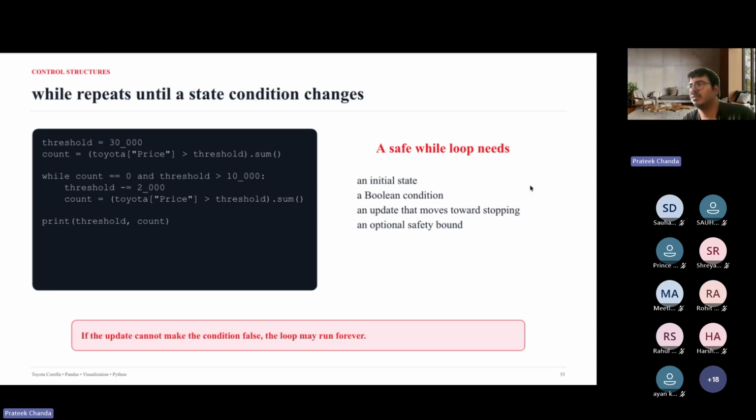So the summary is this: you specify an initial state, let's say your threshold here and count here, and you give a Boolean condition to it, and you also update that moves towards the stopping criterion, the point at which you break out of that while loop. And so these are all specific characteristics of using a while loop.